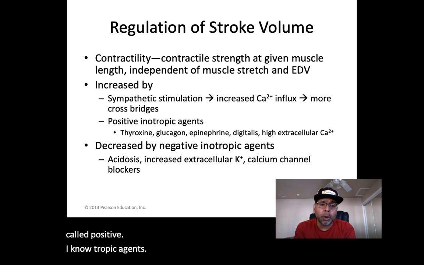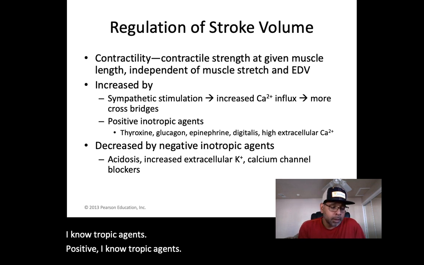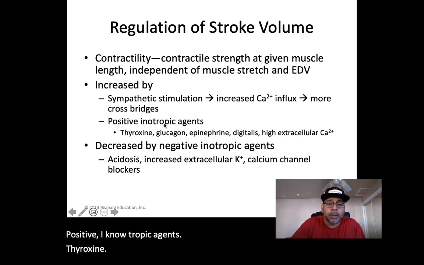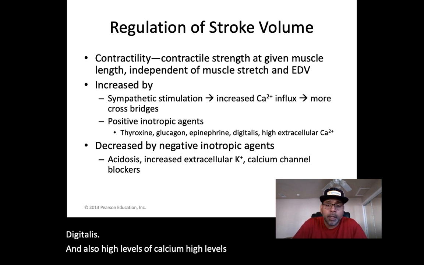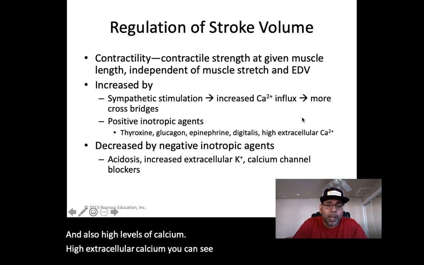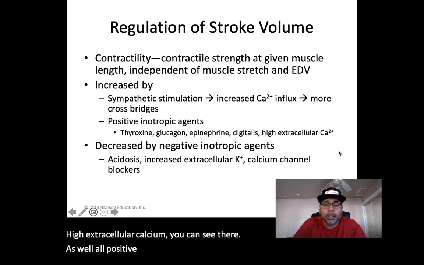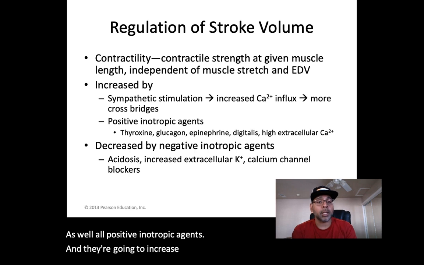Positive inotropic agents: epinephrine, thyroxine, glucagon, digitalis, and also high levels of extracellular calcium. All positive inotropic agents, and they're going to increase contractility.